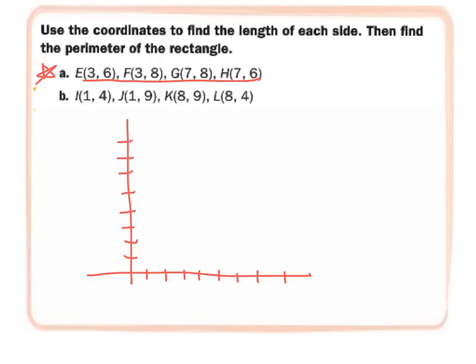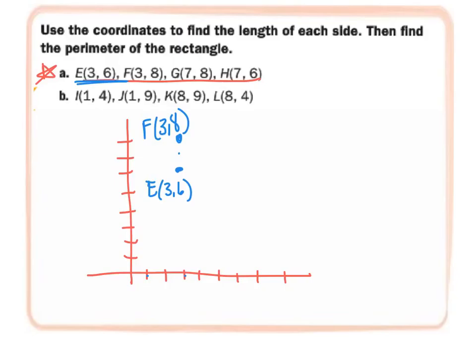Then I'm going to plot my points. E is at 3, 6. So 1, 2, 3, up 6. 1, 2, 3, 4, 5, 6. E is at 3, 6. Then my next one is at 3, 8. So just up 2 more. 1, 2. F is at 3, 8. Then I have 7, 8.